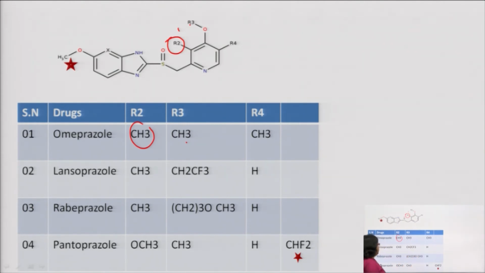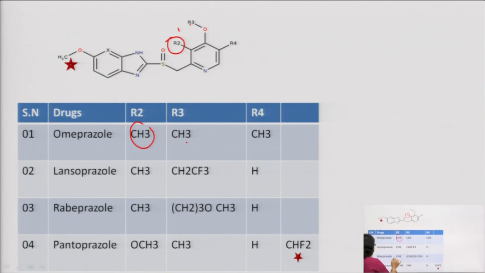Now, take the example of rabeprazole, R2 is the same methyl group, but there is a difference in R3, R4 is also same as lansoprazole. Lansoprazole and rabeprazole R2 and R4 are the same, only variation in R3, right.